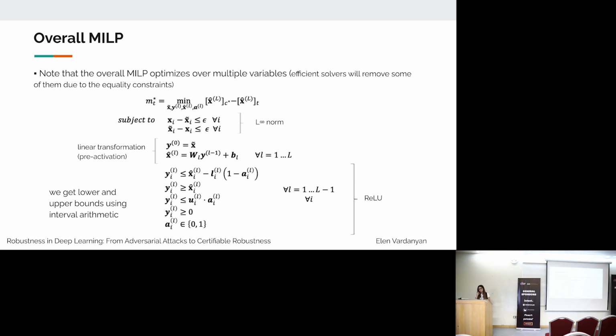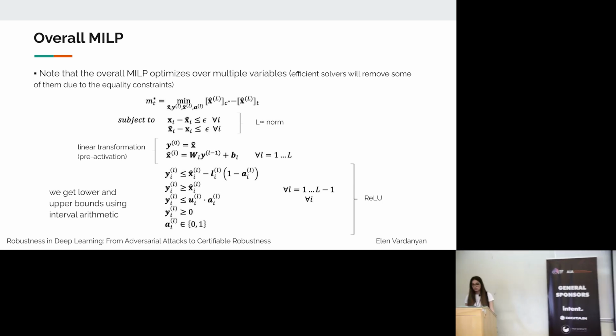And this helps to formulate ReLU as a MILP problem, and also if we have these smaller bounds, so more accurate bounds, then this optimization will be much faster.